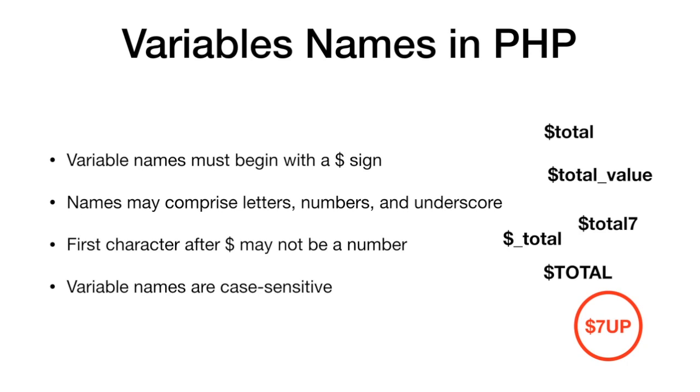So those will be treated as two completely separate variables with no connection between them. You can't say something like $7up, so you can't have a variable name that starts with a digit. But you can start with an underscore, as you can see there. So that's fair enough. Those are the rules for the names of variables in PHP.